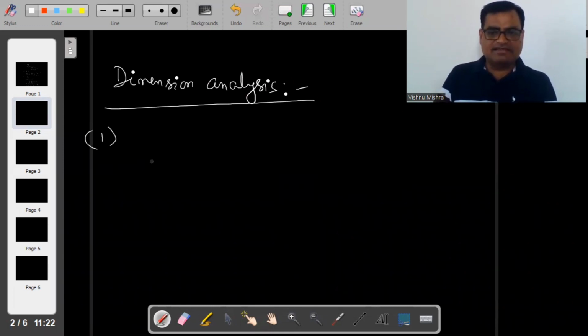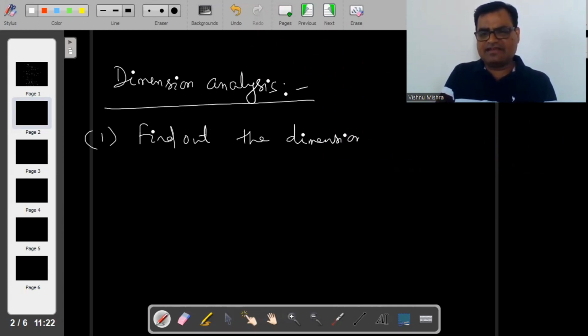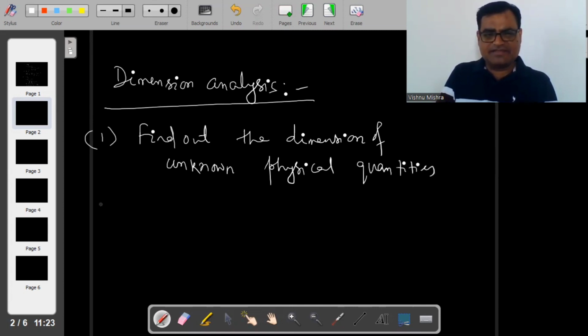One is that we can find out the dimension of unknown physical quantities. If one part is unknown, then you can easily calculate its dimension.